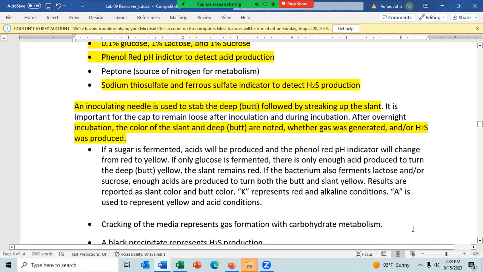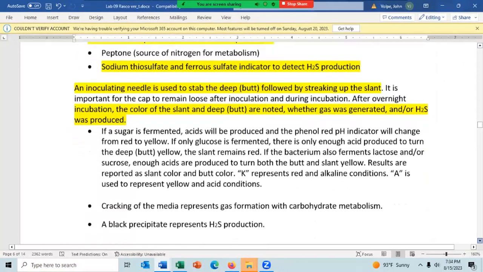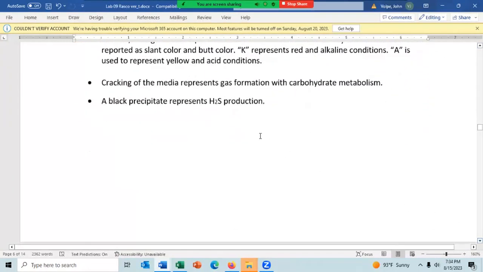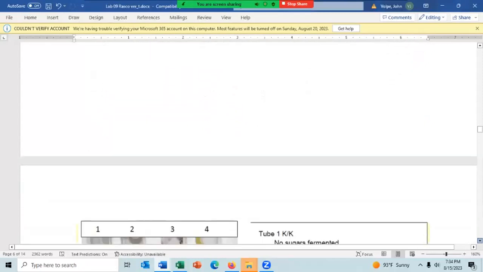Look for the color in the butt and the color in the slant, and you put the butt underneath the slant, and then read it that way. Look for whether there's gas generated and hydrogen sulfide being produced. If there's cracking of the media or a bubble in the media, that means gas was produced.